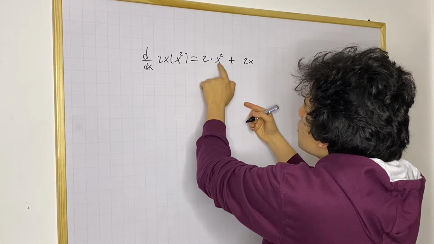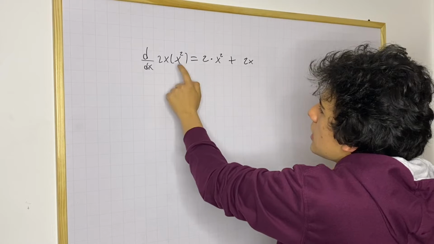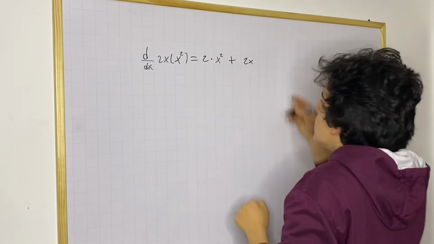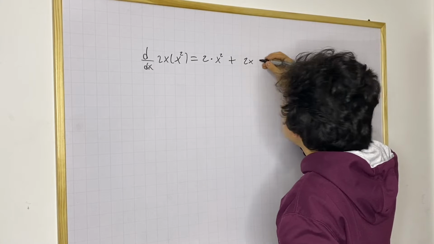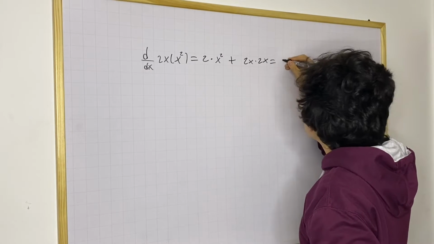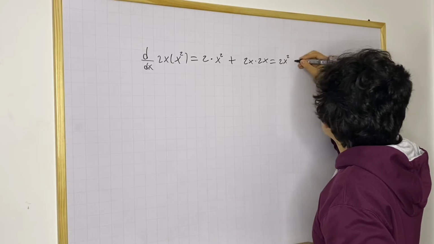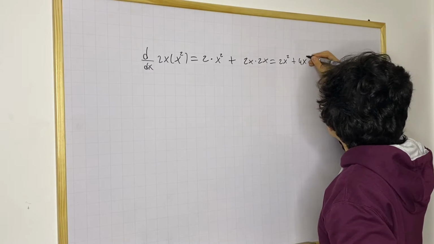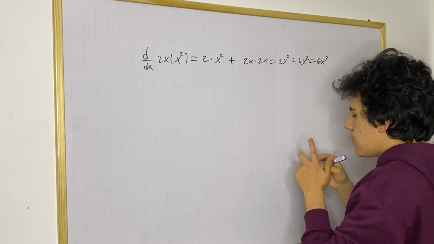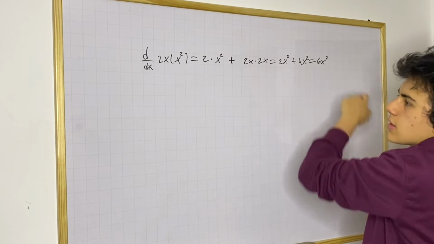We did not differentiate x squared before, because we were differentiating 2x. So now this is just simply going to be times 2x. Now this is just simply going to give us 2x squared plus 4x squared. This is just 6x squared, okay? So this is how much we get.